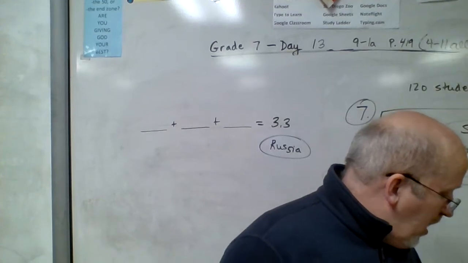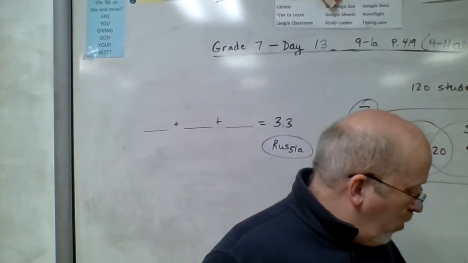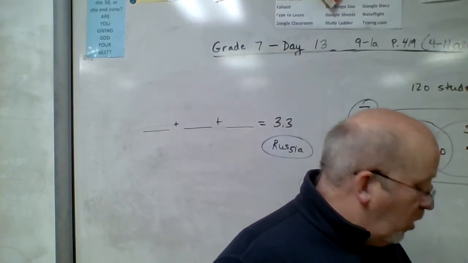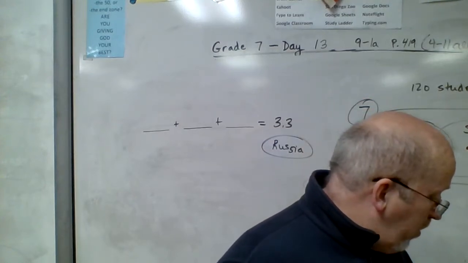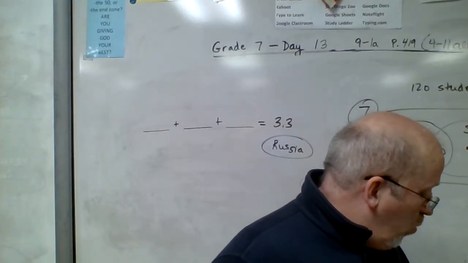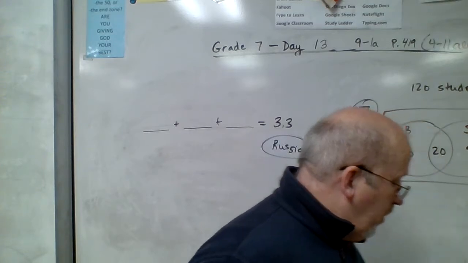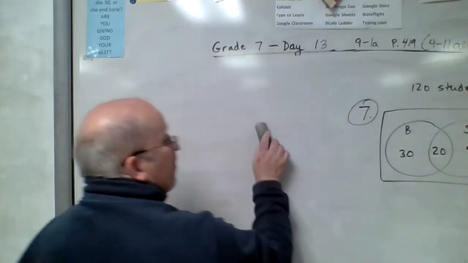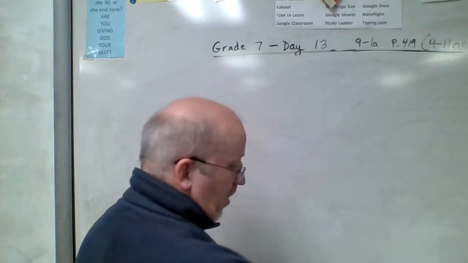Let's go to number 10. The average salary of an NBA basketball player is $4.5 million, and the average salary of a WNBA player, which is women's NBA player, is $43,000 per season. About what percent of the NBA player's salary is the WNBA player's salary? Well, let me show you an example of a problem that's similar to this, but it has different numbers.